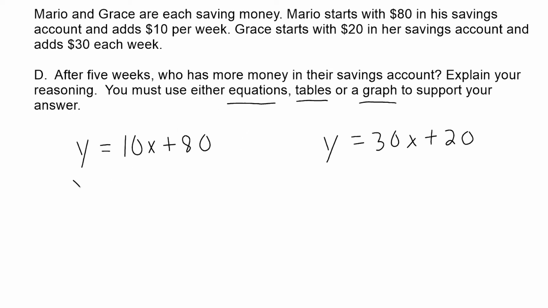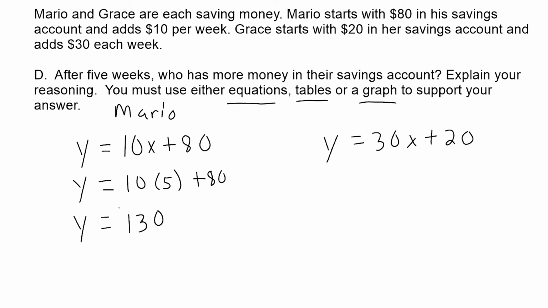So let's do that for Mario to start. And let's label this Mario so we don't get the people confused. So y = 10 times 5 plus 80. All right, now 10 times 5 is 50, and 50 plus 80 is 130. So after 5 weeks, Mario has $130.